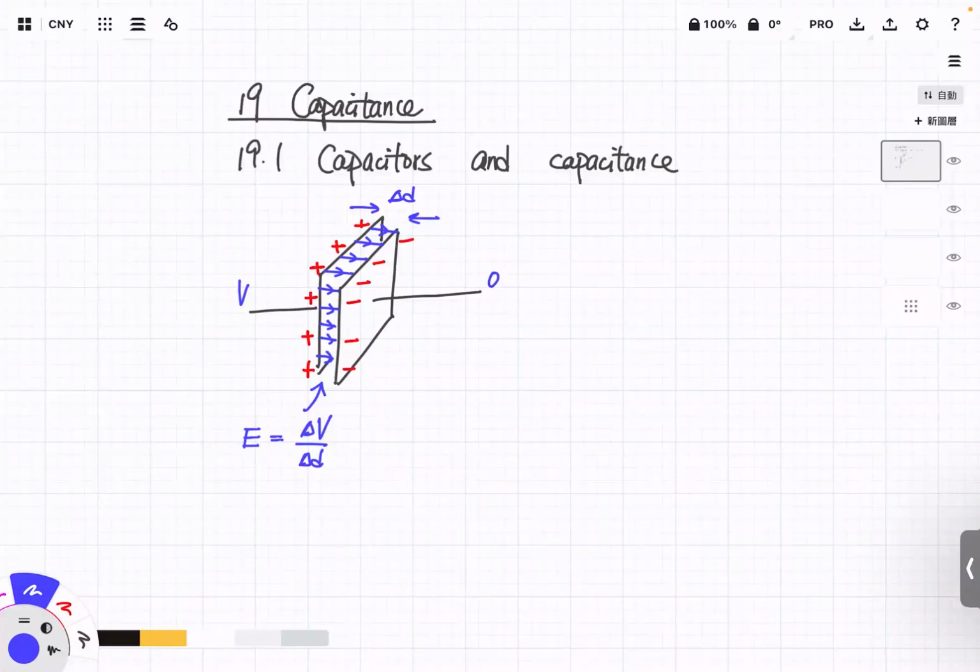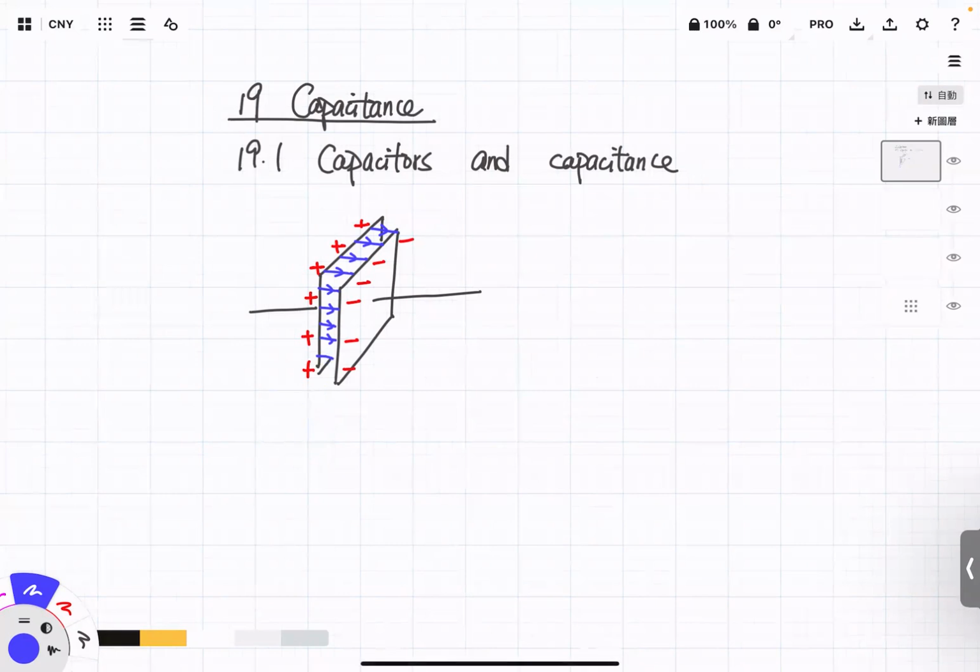However, the focus we have here is not to study the electric field strength between these two parallel metal plates. Instead, now we focus on the ability that these capacitors can store charges. So we don't care about the electric field anymore, but we just look at this as a device that can store charges.